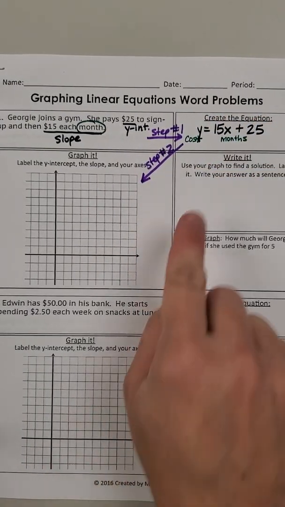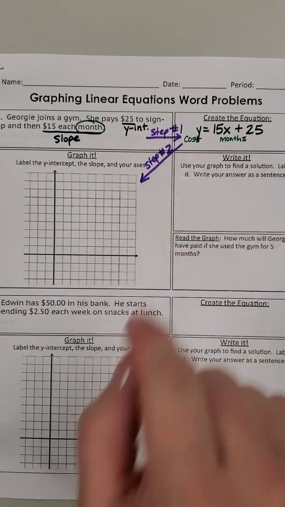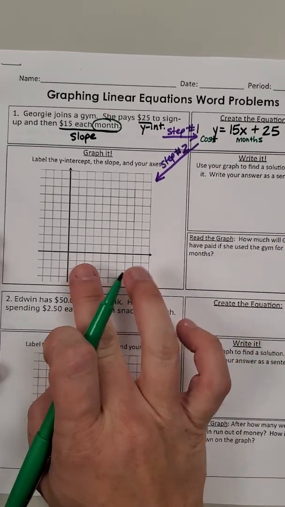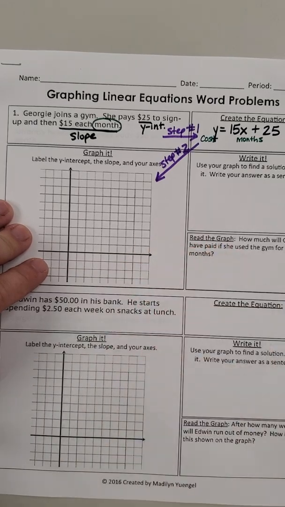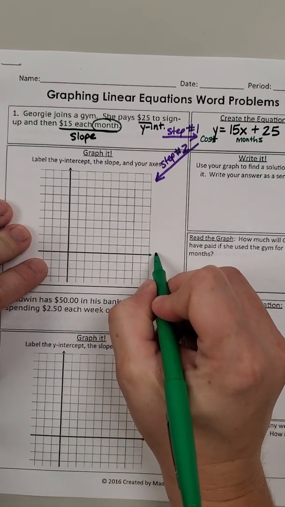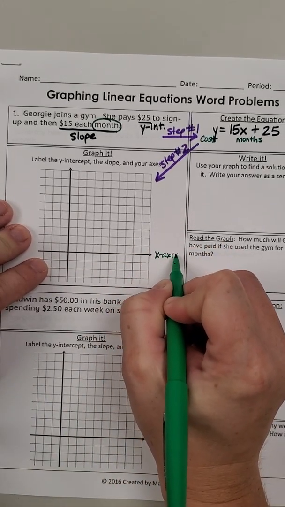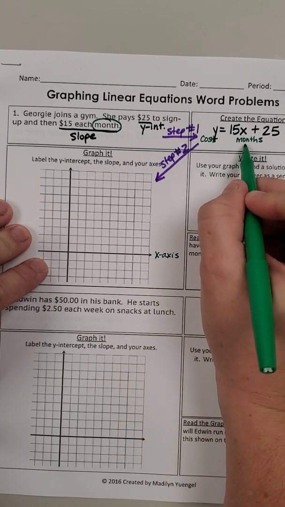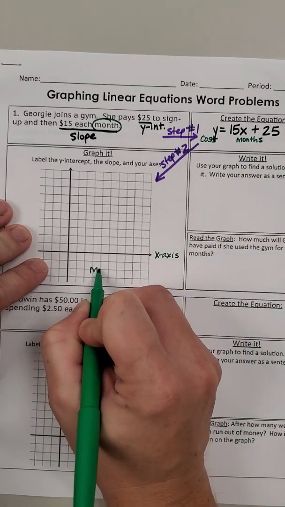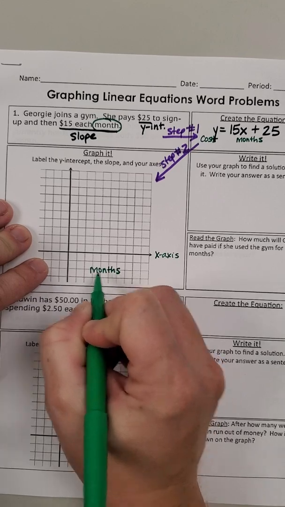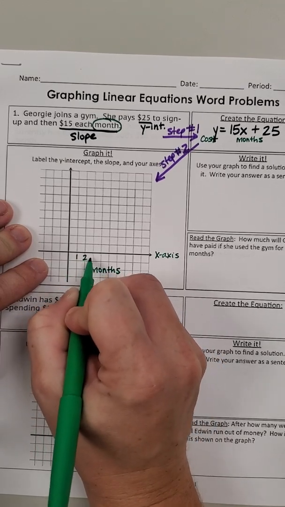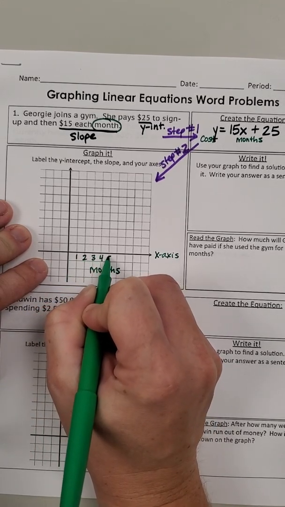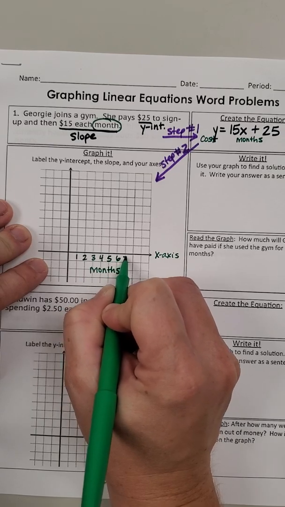So when I know what my x and my y stand for, that also means that I know how to label my graph. On my x-axis would be my x variable. So this would be the number of months. So I can go ahead and label it with, I don't know, let's go up to 8.